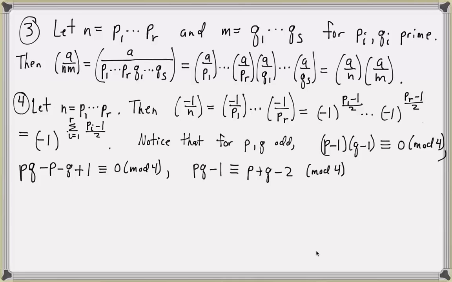And then finally, if I divide both sides by 2, I'll have to reduce the modulus, and I get that (pq minus 1) over 2 will therefore be congruent to (p minus 1) over 2 plus (q minus 1) over 2. And I've reduced the modulus by dividing by 2, so this is mod 2.